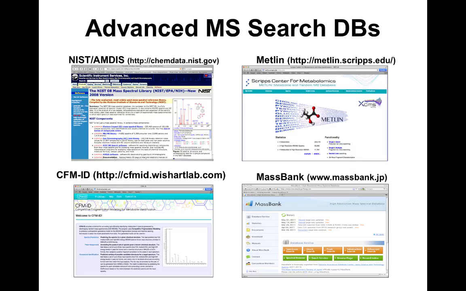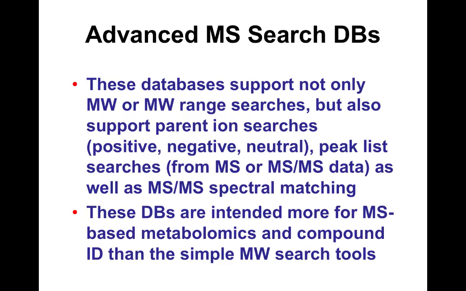METLIN has a variety of spectra for QTOF and ion trap, and MassBank. And then we'll talk about another tool called CFM-ID. So it's not just simply mass searches, but parent ion, peak list searches, as well as spectral matching. So this is more proper, more correct, although there are caveats.